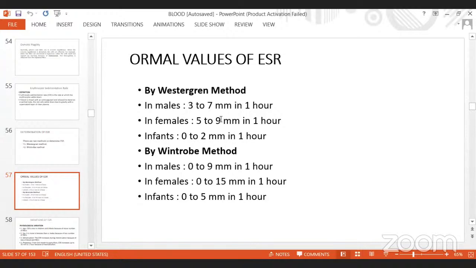By the Wintrobe method, in males, it is 0 to 9 millimeter in 1 hour, in females around 0 to 15 millimeter at the end of the hour, and in infants 0 to 5 millimeter at the end of an hour.